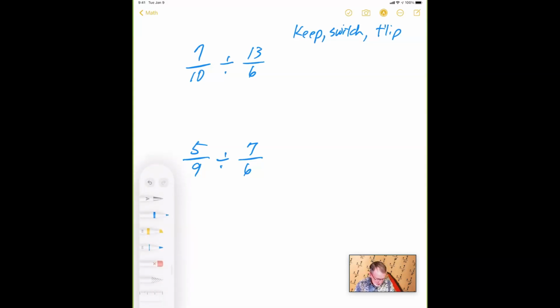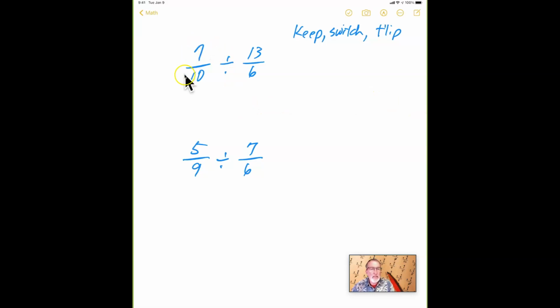Switch means change the operation, so we're going to use the inverse operation. We've talked a little bit about that. And flip means you're going to use the multiplicative inverse, or the reciprocal, of the fraction that is the divisor. Okay, so that's a lot of high-tech jargon that you can disregard.